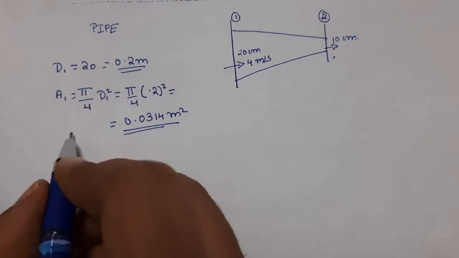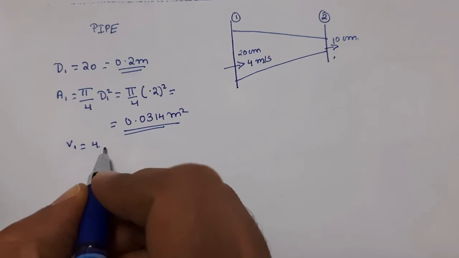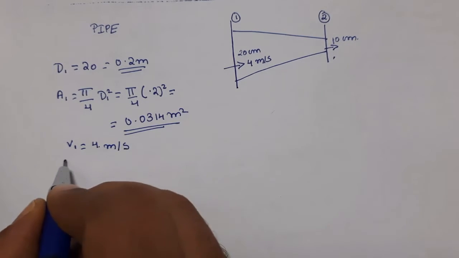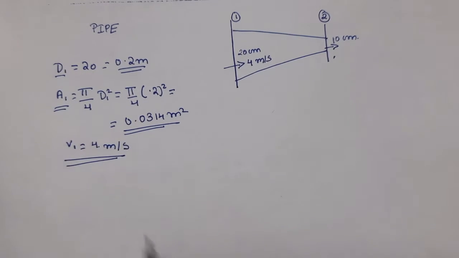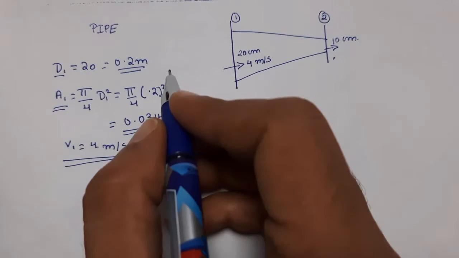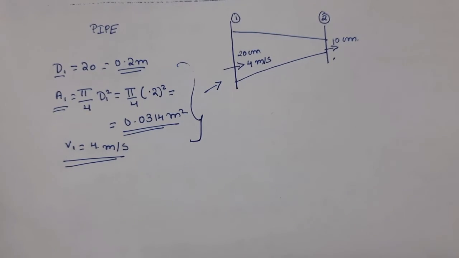Okay, now for this particular section 1, V1 is 4 meter per second. So diameter, area and velocity, all these things belong to section 1 here.